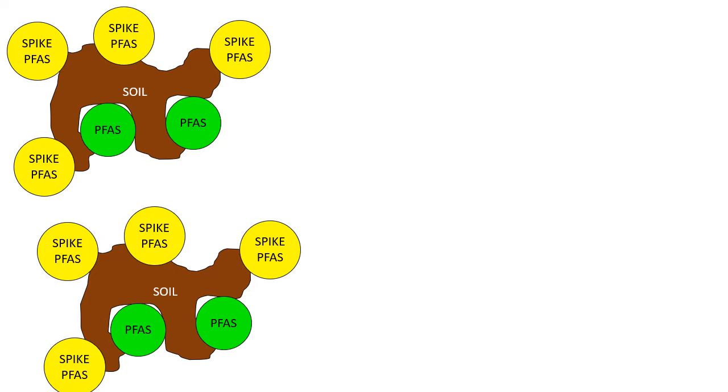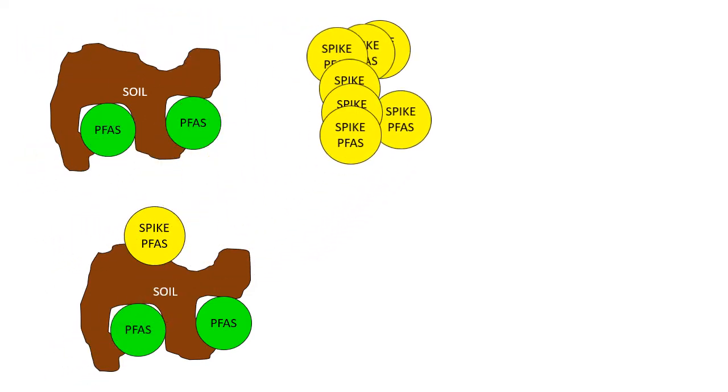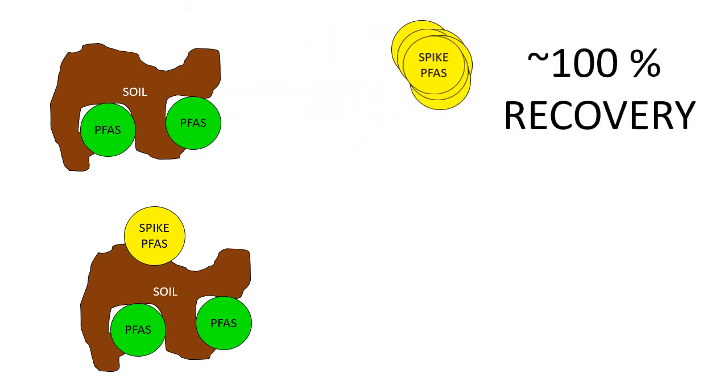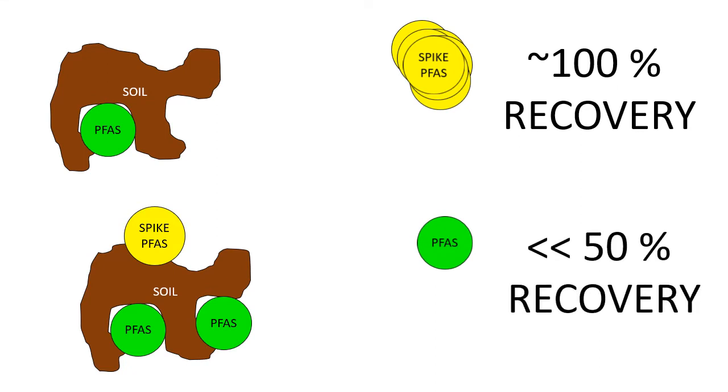If you were to choose an extraction method, it's very possible that you can extract close to 100% of the PFAS that you spiked in. But that same extraction method could not be aggressive enough to extract the tightly bound PFAS.